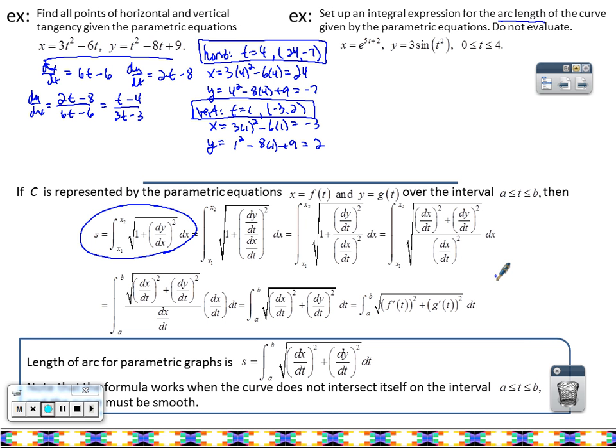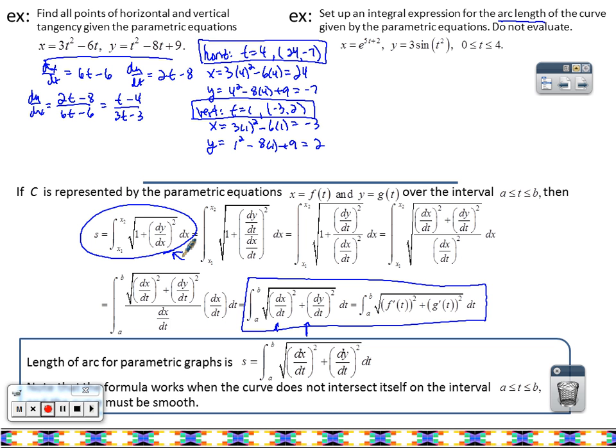You can peruse that. If you're not curious and not really concerned where it came from, we can go straight to the formula, in the two notations that we use. If we use dx/dt and dy/dt, we can look at this formula. Let's compare and contrast this parametric arc length formula with our original arc length formula.